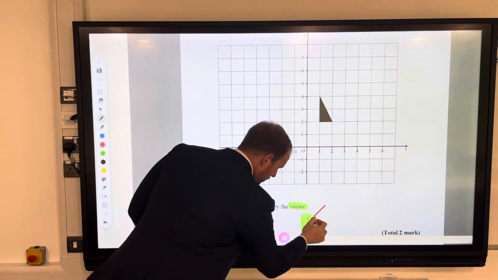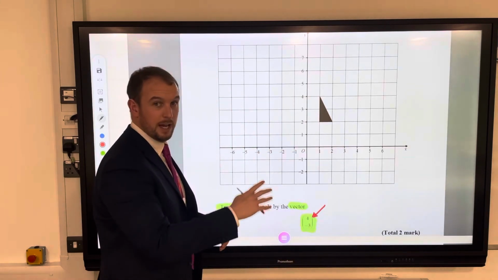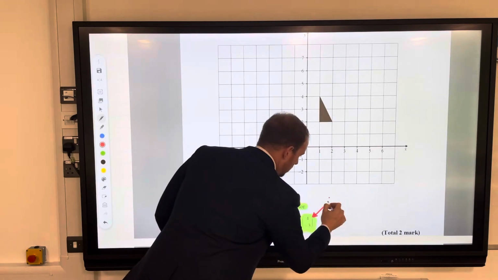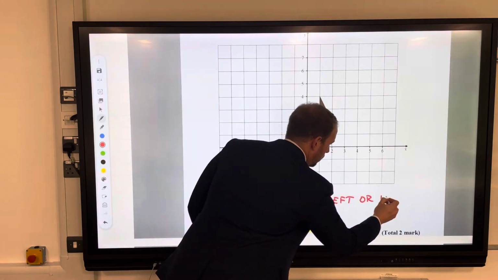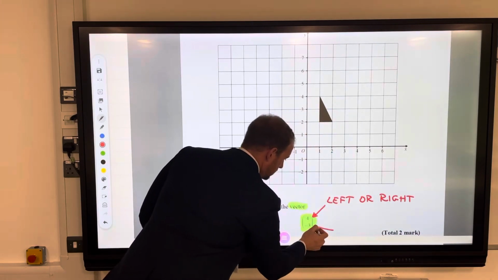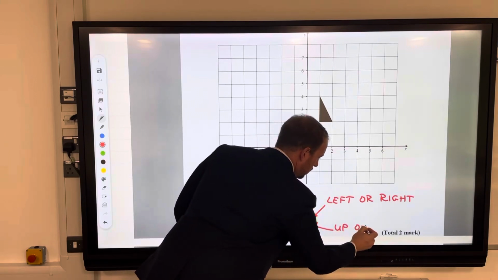This top one here is now our x value. It tells us whether we're moving left or right. So this top one here is left or right, and then this bottom one here is up or down.